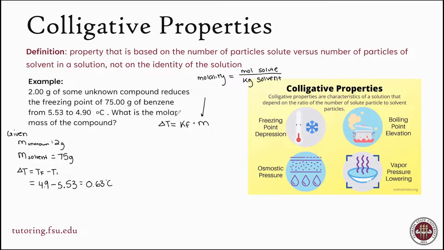Then it asks us, what is the molar mass of the compound? So our goal in this case is the molar mass of our unknown. Remember that molar mass is molecular weight. It's the number we find in the periodic table. So it's some amount of grams per mole of our solute.